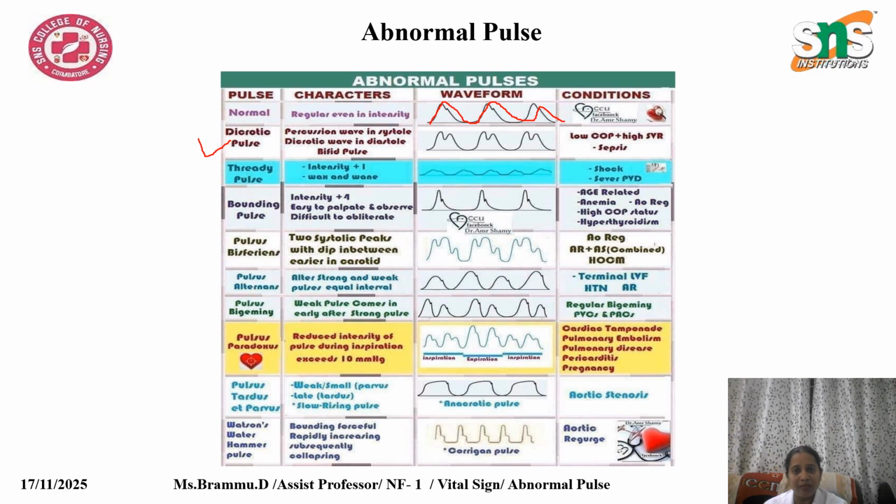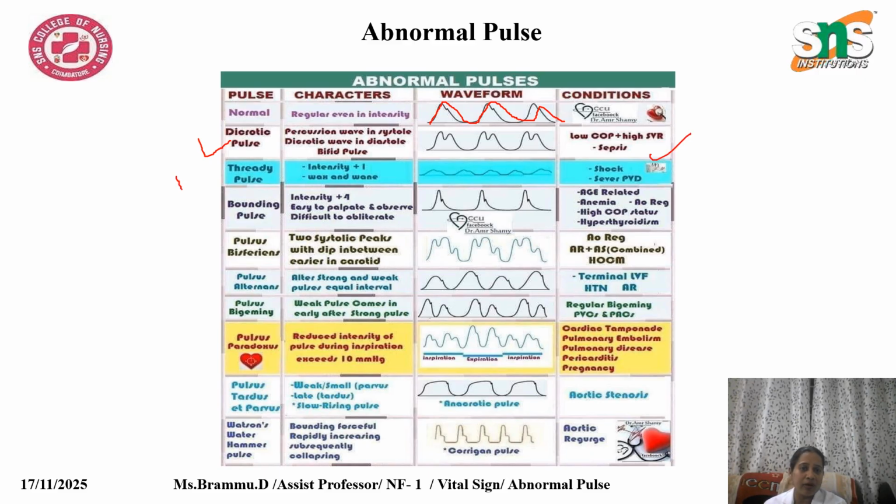So here there is a bifid pulse, or two pulses being felt. This is mostly seen in patients who have high systemic vascular resistance, or a very low cardiac output, or patients suffering from severe sepsis.